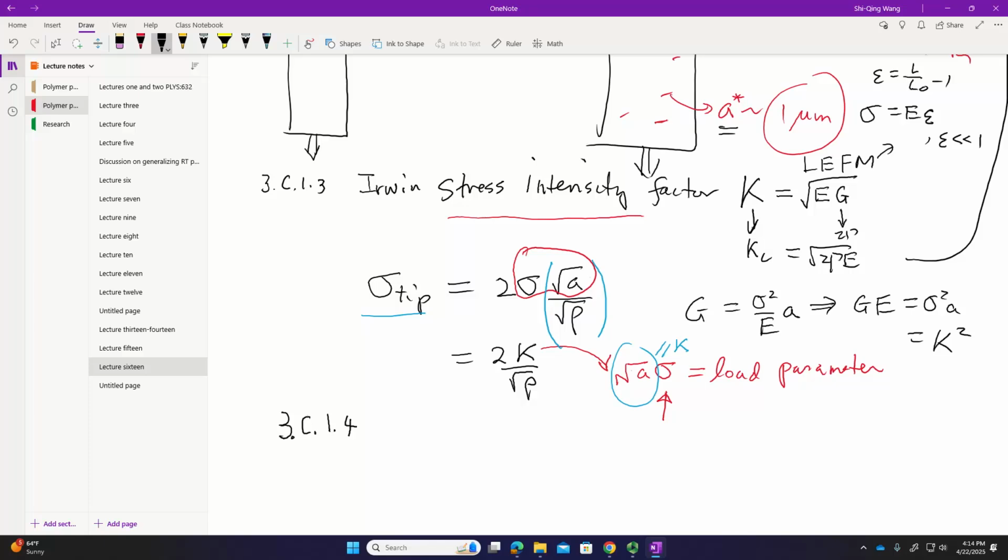Here is the most alarming part of it all. When I learned fracture mechanics, I struggled, I was perplexed, and I started to lose sleep, and that's where it happens, okay? So the following is all you need to pay attention to.